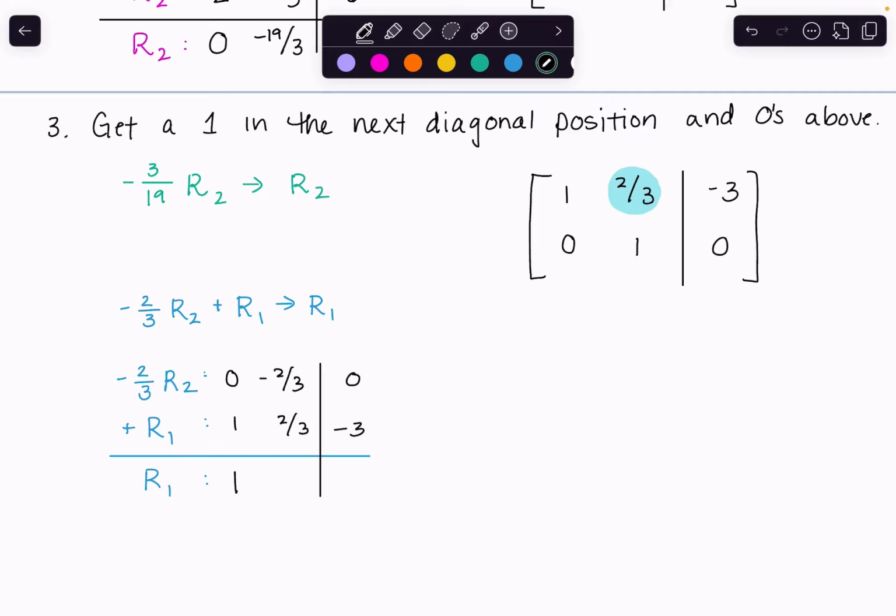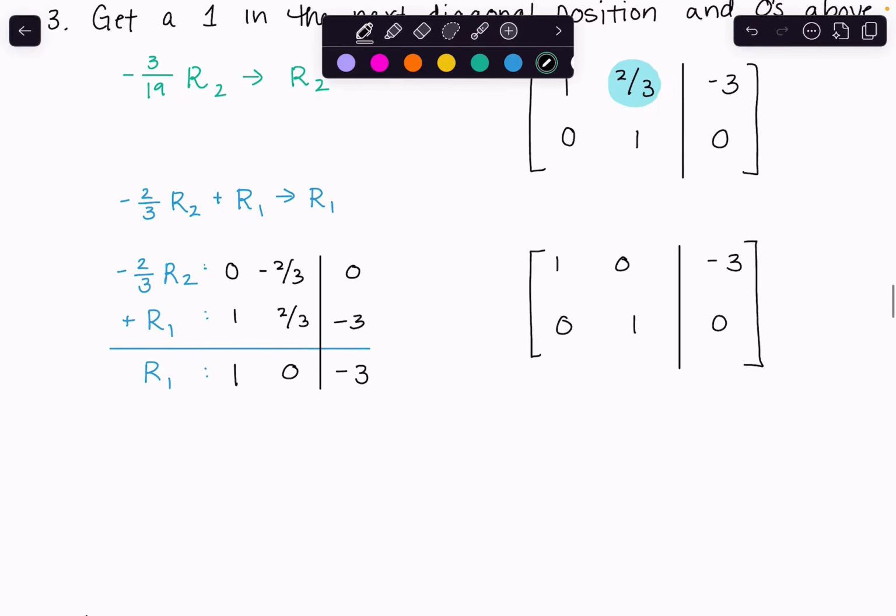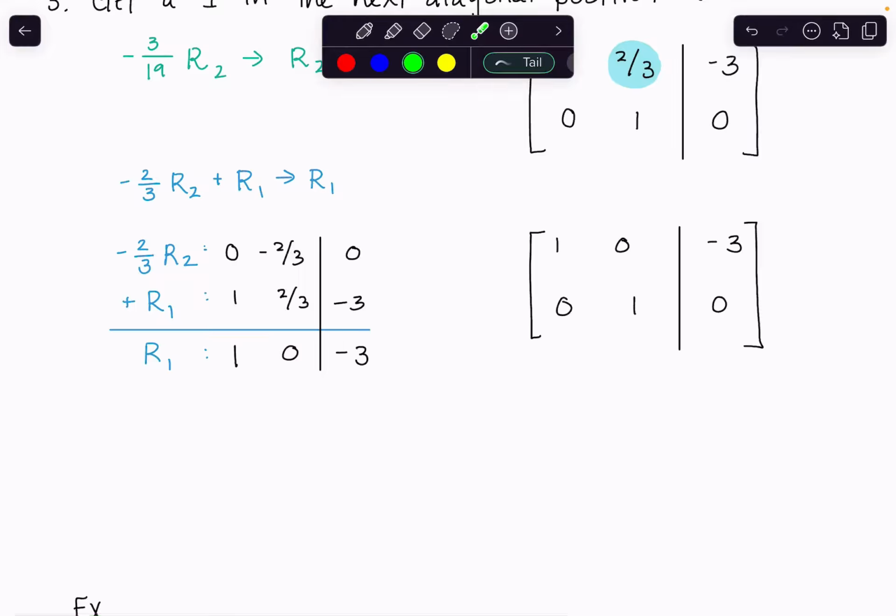So adding these together gives me 1, 0, and negative 3. So this becomes my new row 1, and then row 2 is the same still. Okay. So now that I have this in that very particular form where I have 1s on the diagonal and 0s everywhere else, our fourth and final step is we turn this back into a system to get the solution.